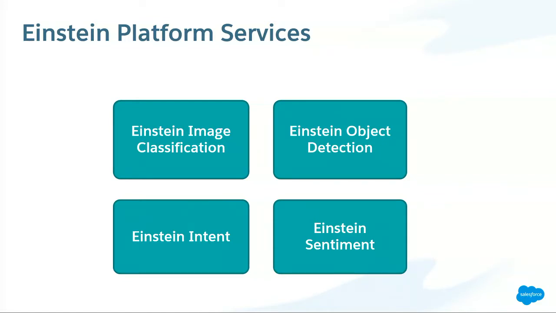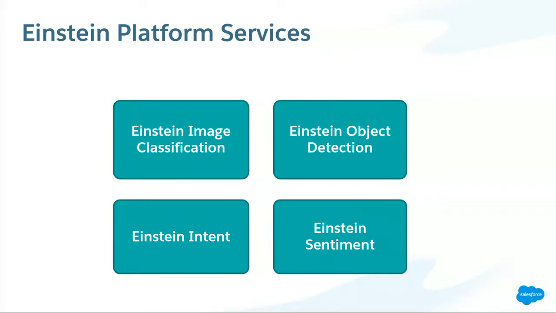Einstein Image Classification is used to train deep learning models to recognize and classify images. With Einstein Object Detection, we can not only recognize the object on an image, but we can count how many objects there are. We can also determine their size and location.